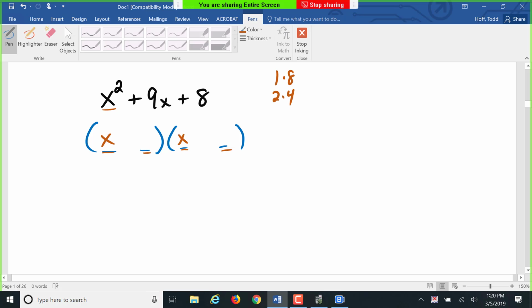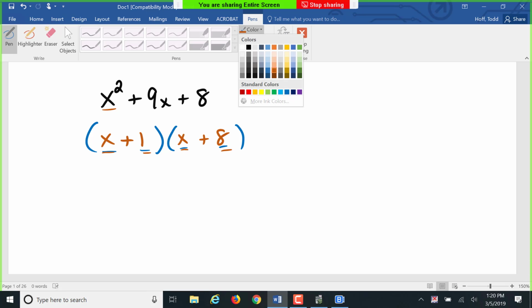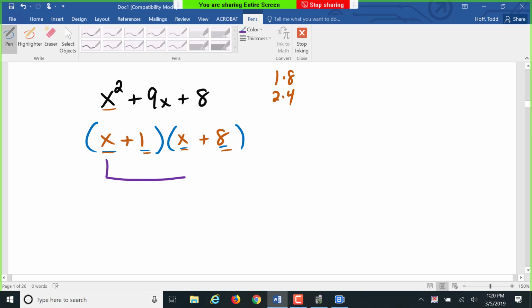Now you're probably starting to see some of the combinations by now. Which pair is going to work? 1 and 8. Let's double check it. On the outside, we have x times 8 makes 8x. On the inside, 1 times x makes x, or 1x.